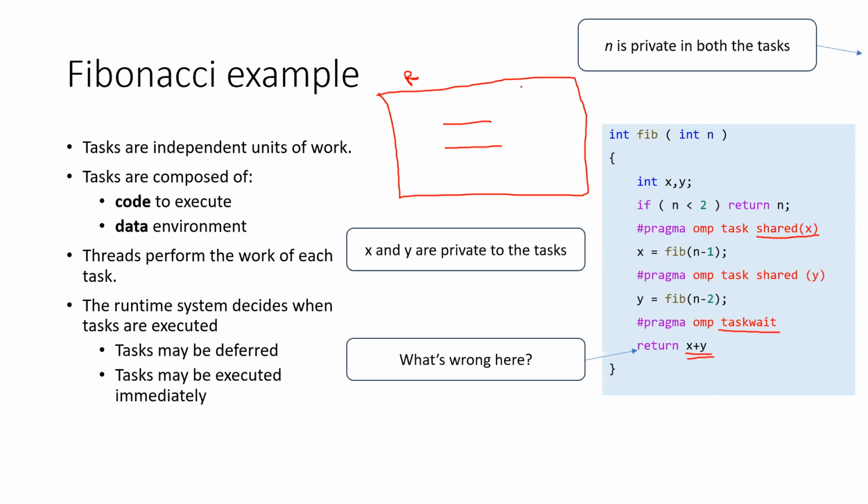So what will happen? You will have multiple threads entering into this and executing same values of n-1, n-2 redundantly. Correct? So you won't get the parallelism. You will be calculating Fibonacci of n redundantly by multiple threads.